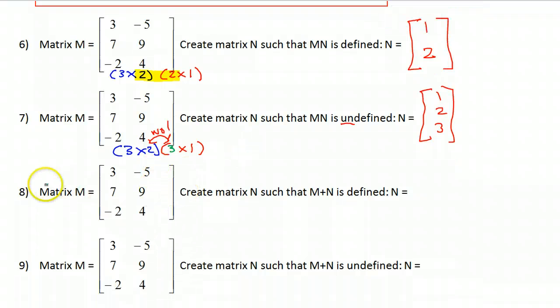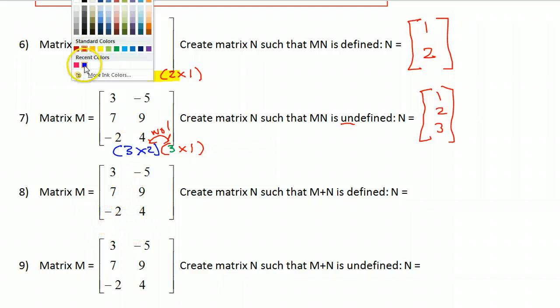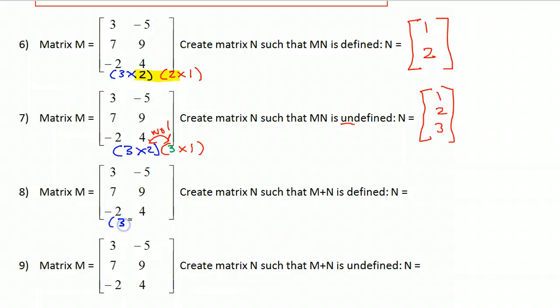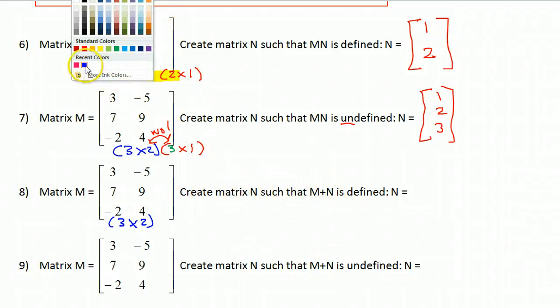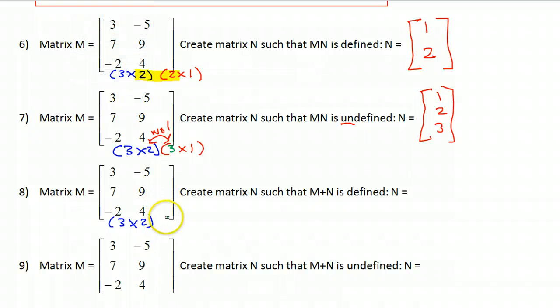All right, so matrix M. Now I'm supposed to create matrix N such that M plus N is defined. Well, this is still a 3 by 2 matrix. Now if I want to be able to add, then the other matrix is also going to have to be 3 by 2.